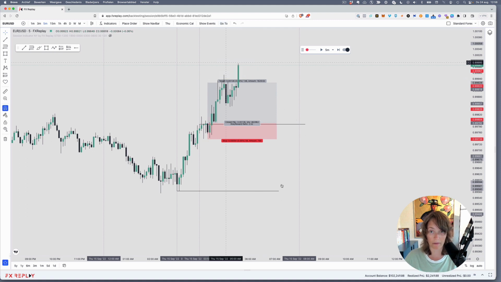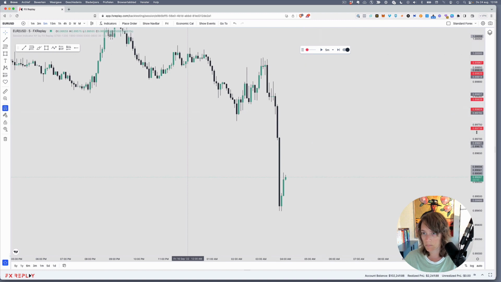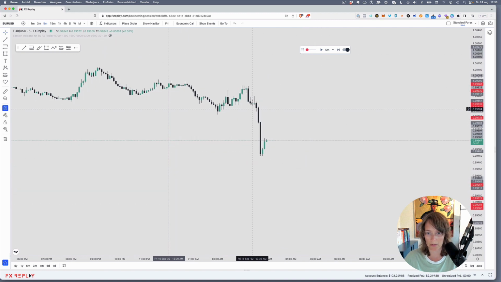Could have been a trade, right? If you would have seen that, or at least if you would have seen that close as a real close above, but I like to see some more confirmation. So I'll just stick to my rules.